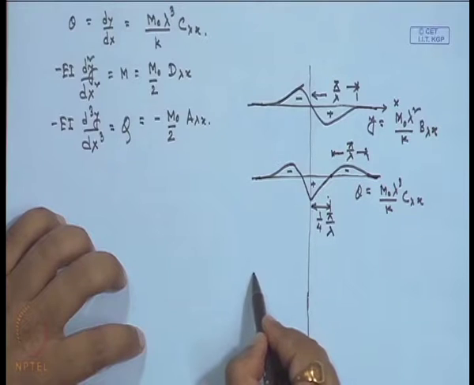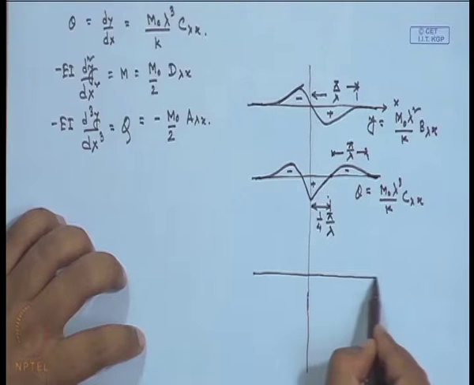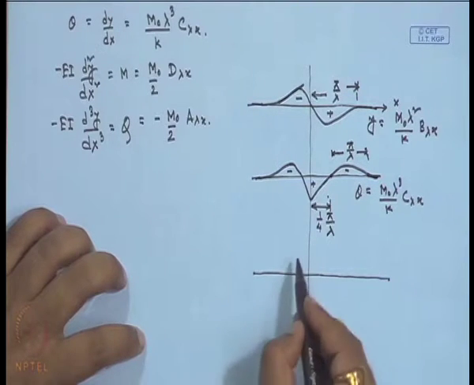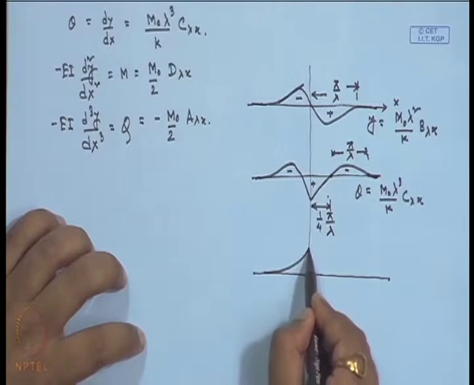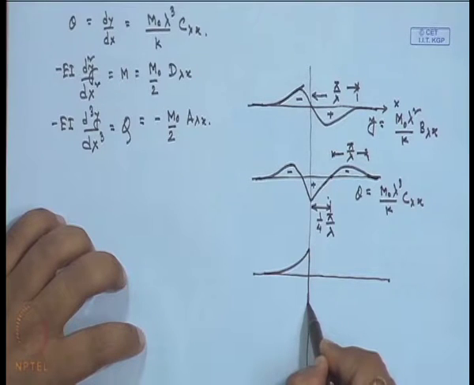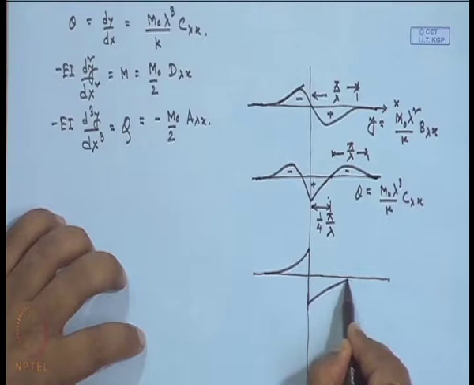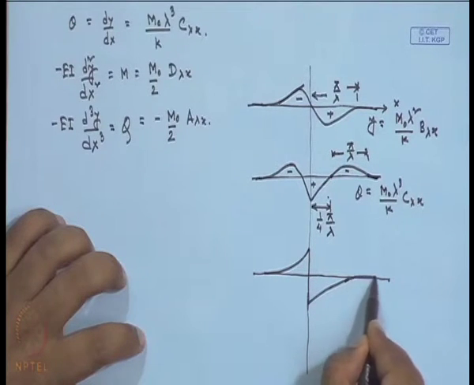So, next one is the bending moment diagram. So, this will be going upward, then it will go downward, and then it will again follow this path.